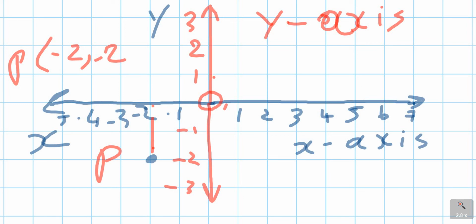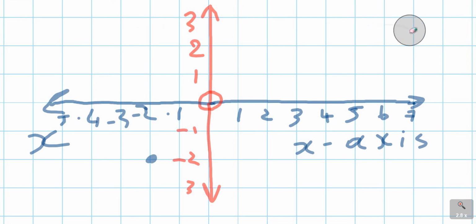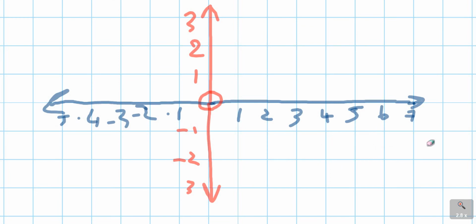So let us look at some more things as it relates to the Cartesian plane. We need to understand that the Cartesian plane has what we call quadrants, and it has 4 quadrants. Let me just erase these for a while. These are called quadrants.